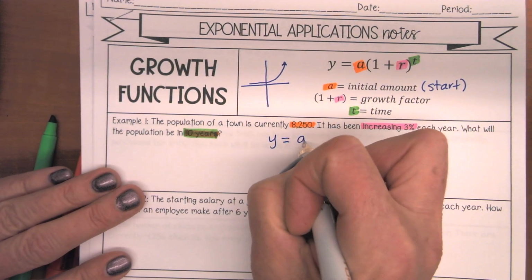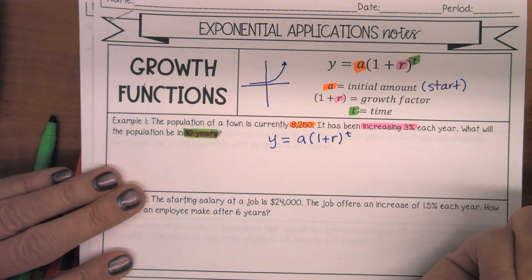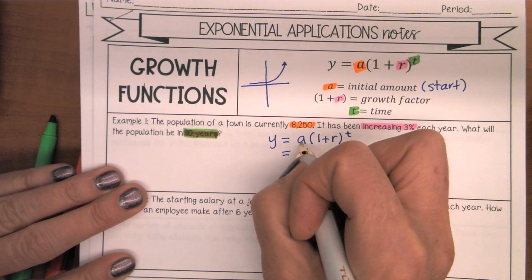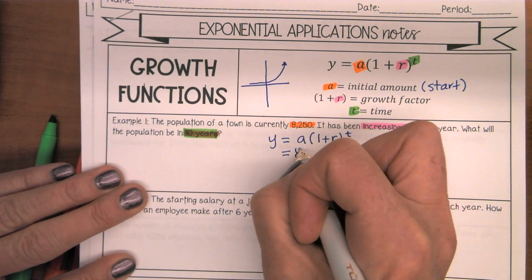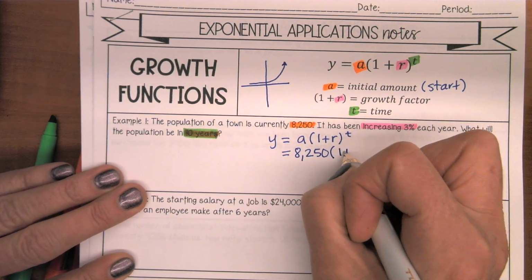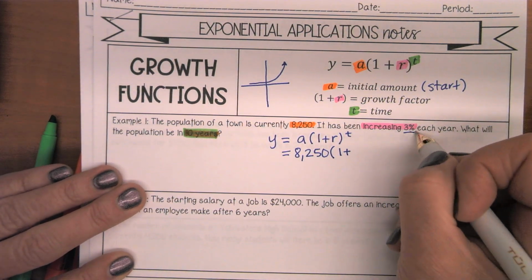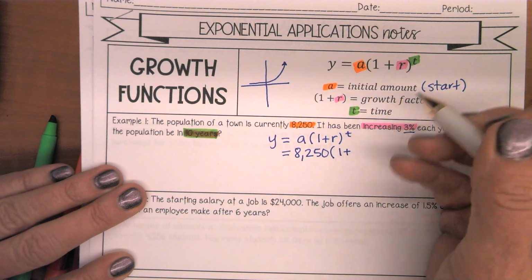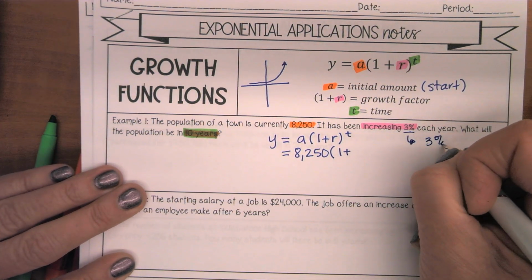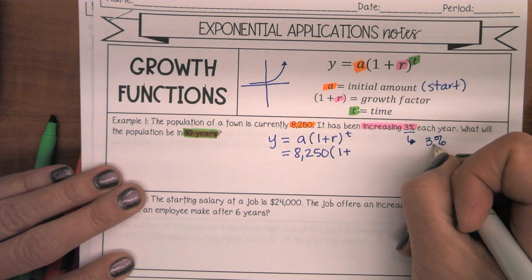Y equals A times the quantity of 1 plus R to the T. Let's start plugging in our information. A is 8,250 times the quantity of 1 plus our rate. Our rate is 3%. We can't do percents in equations. They have to be turned back to decimals. 3%, if I want to turn that into a decimal, I take my decimal and I move it twice.